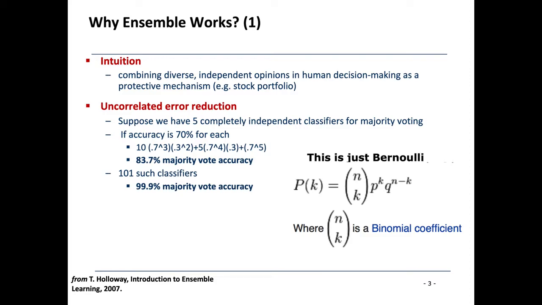Given the assumptions we've just set up for ourselves, namely 70% accuracy for each classifier, each recommender, and 5 independent recommenders, the accuracy, the correct thing to be recommended, is going to be 83.7%. We can go further and compute the number of classifiers we would need to get 99.9.